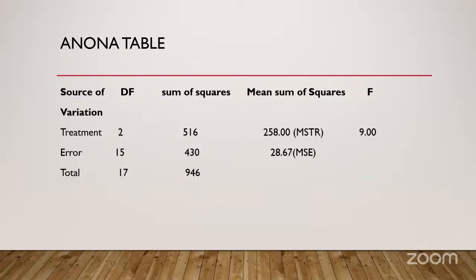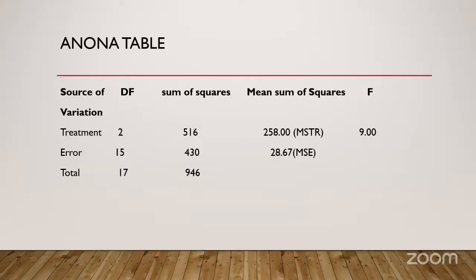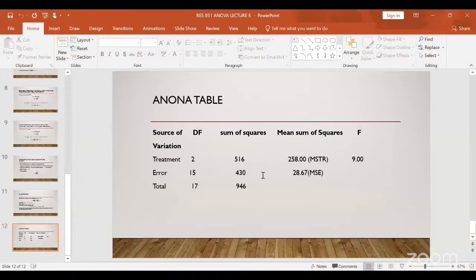This F value, if you check it in the F table, you realize it is higher than the F critical, which is 3.6. In this case, we reject the null hypothesis. So don't worry about this calculation. Just open your R console and see how this thing is easily done.